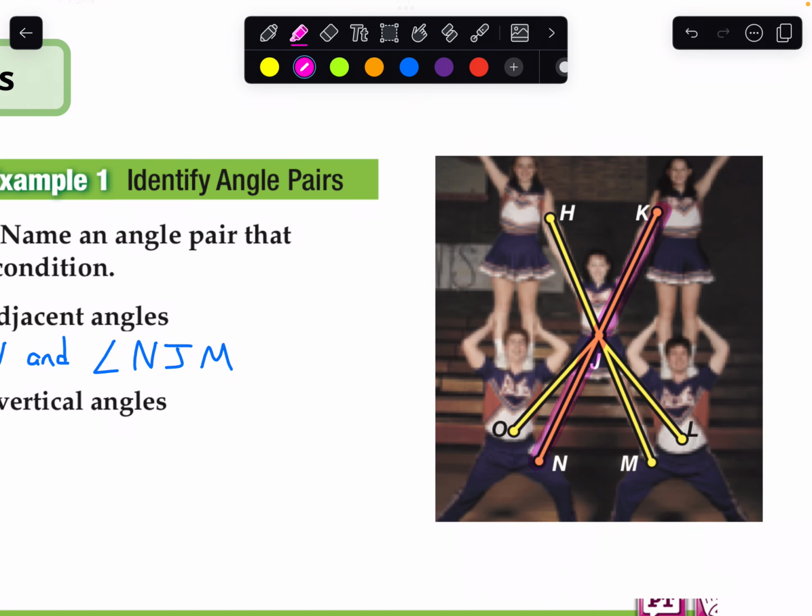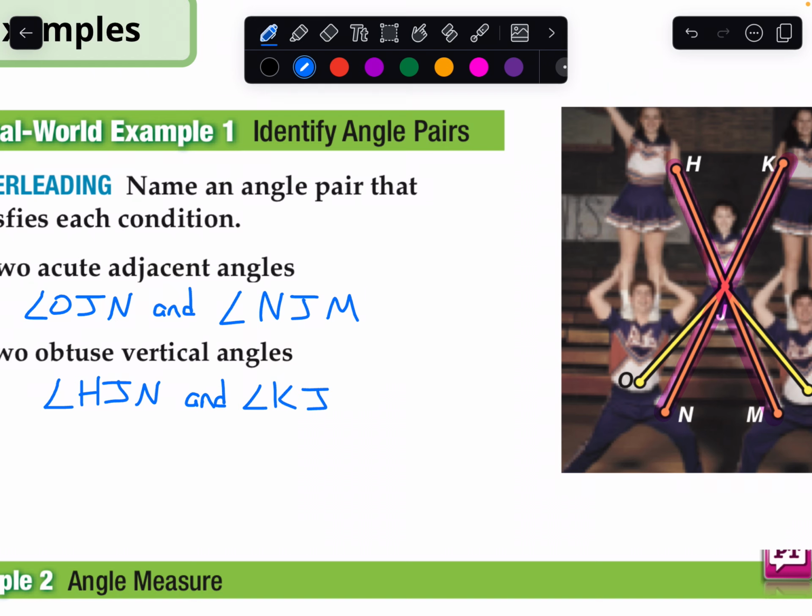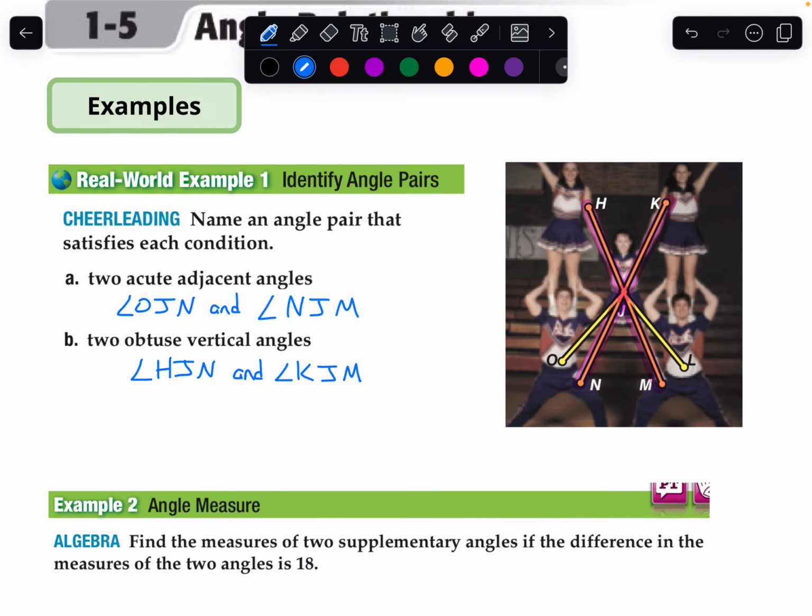This is the line. That is the line. Okay, careful with that. So we need angle HJN and angle KJM.